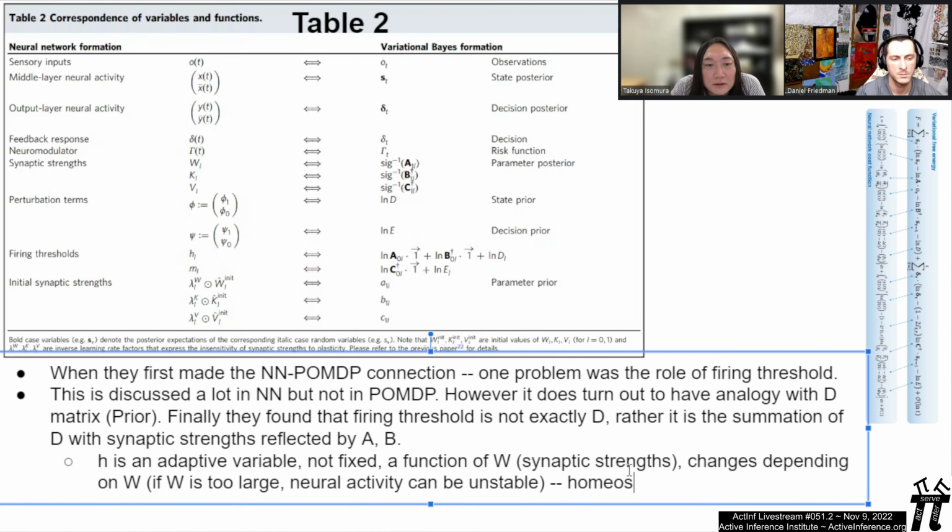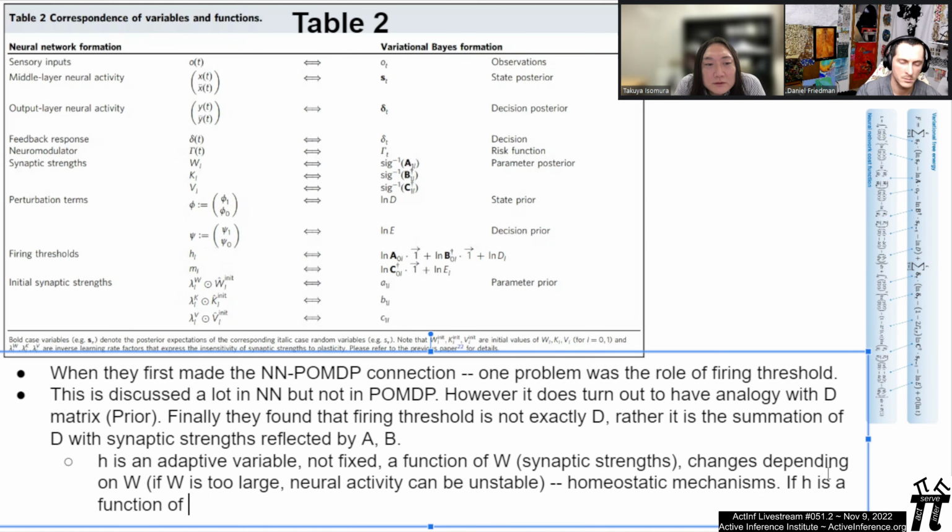So like this, if we design H as a function of W and a function of some other factor, or perturbation term in this table, then we could make a formal analogy between this H and some variable in the POMDP formulation, which is shown on the right-hand side of this table.